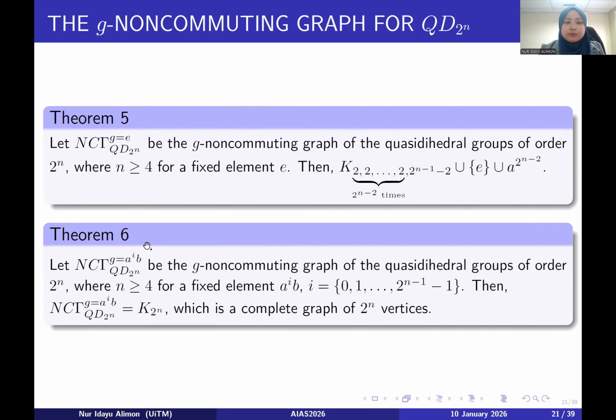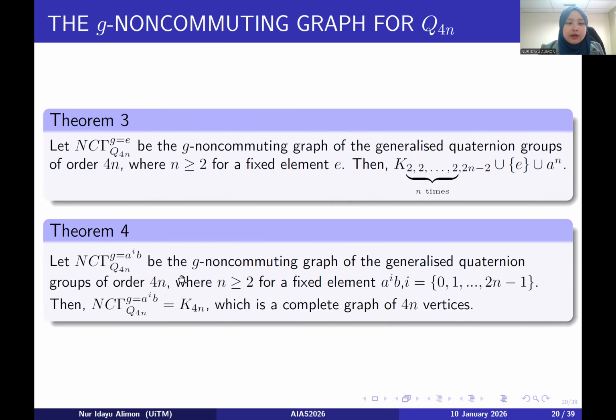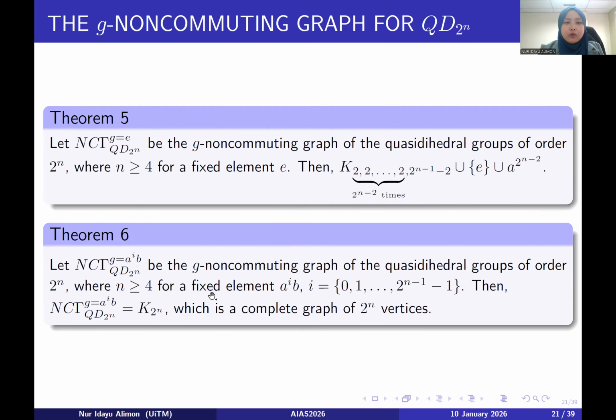And then for g equal to a^i b, we get the complete graph of order 4n. For the quasi-dihedral groups for fixed element e, also the same, we have the multipartite graph union with the isolated vertices of the centers. And then for g equal to a^i b, we have a complete graph of order 2 to the power of n.